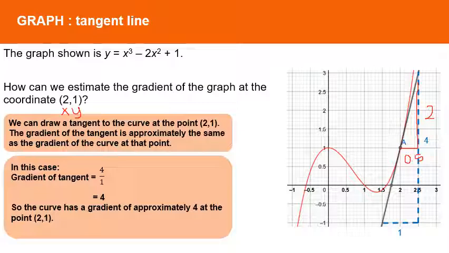So the gradient will be 2 divided by 0.5. The answer will still be 4. So there is no difference if you use the small triangle or big triangle. They will have the same gradient. But you have to make sure that your tangent line is correct. The tangent line has to be touching the graph only, not cutting the graph.